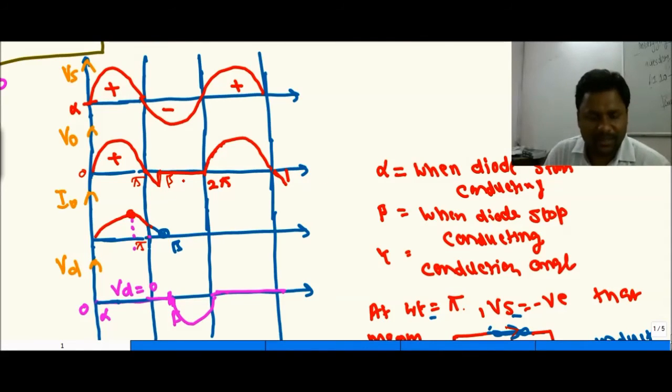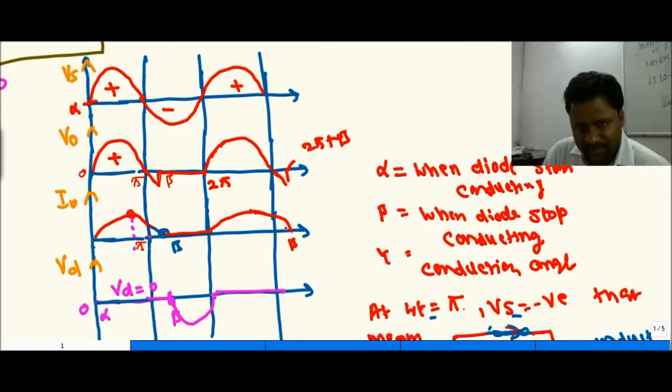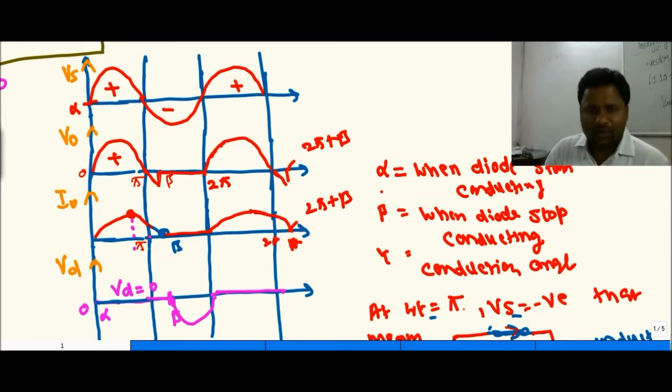Similarly, the current starts up to the point when Vs equals Vr, di by dt becomes 0, and then after this the inductor current starts releasing the energy up to the angle called beta, which is 2 pi plus beta. So this is the concept of the system having the RL load.